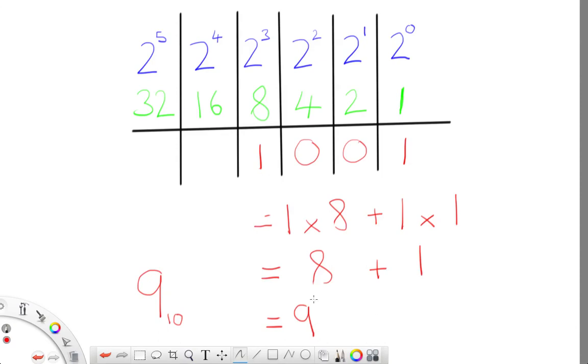I've written it out in denary, with the working all in base 10, also called denary, but this is how you write it in binary. The number 9 is represented in binary by 1001. Isn't that confusing? So I'm going to stop there and give you in the next video some examples just to try and get your head around making up numbers using powers of 2, and then I'll come back and explain a bit more about it.